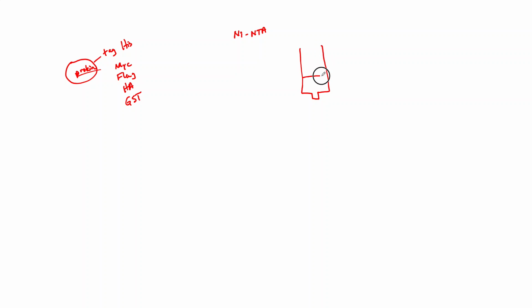And so in these nickel NTA columns, there is a substance called NTA that's attached to nickel, and only things with a histidine tag will have an affinity for them. So NTA is this organic compound that is bound to Sepharose beads. Sepharose is just a form of agarose.